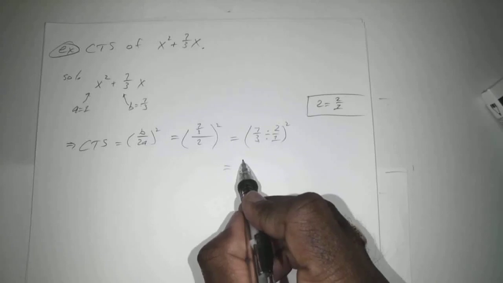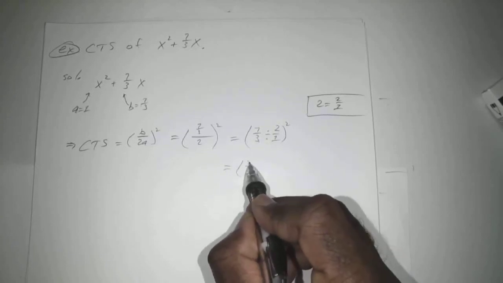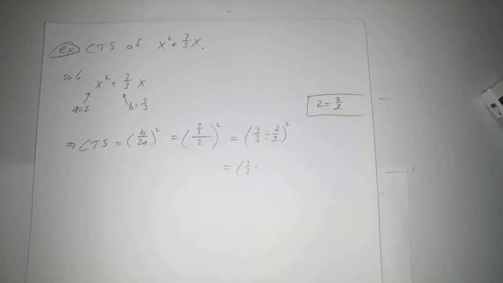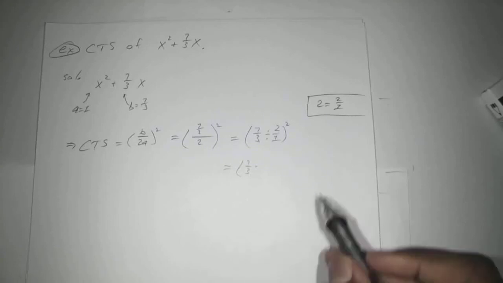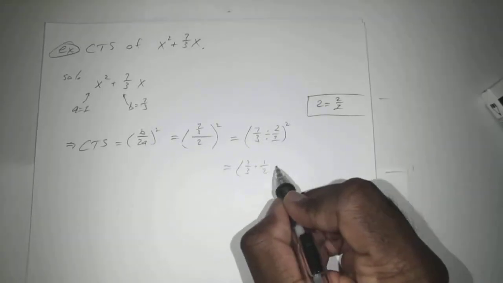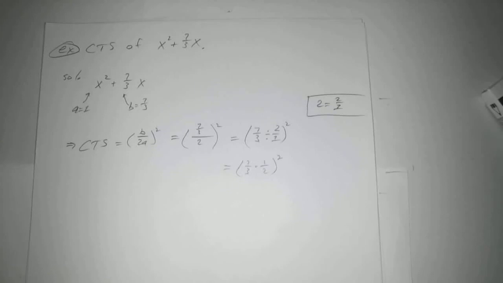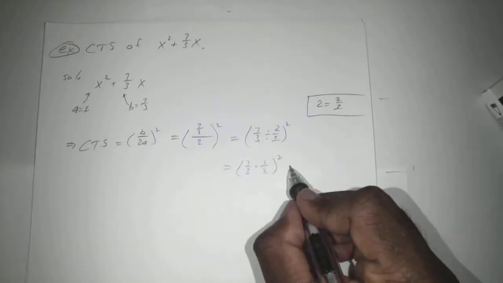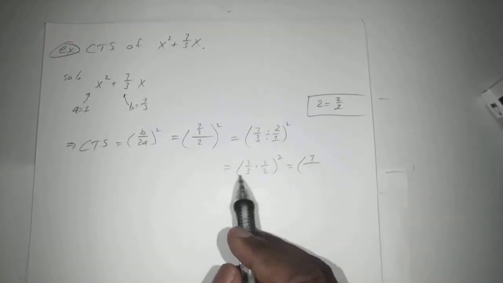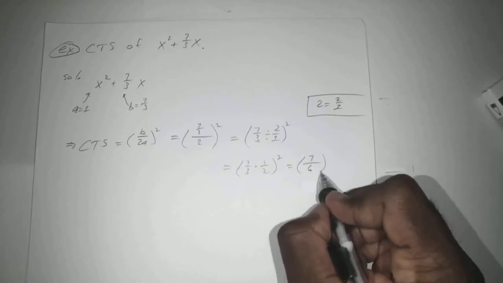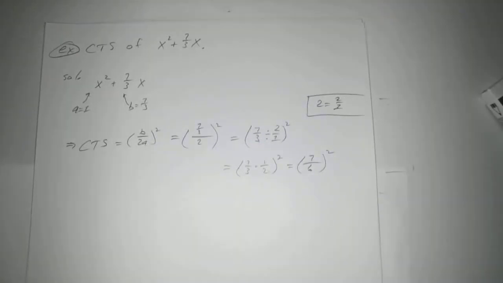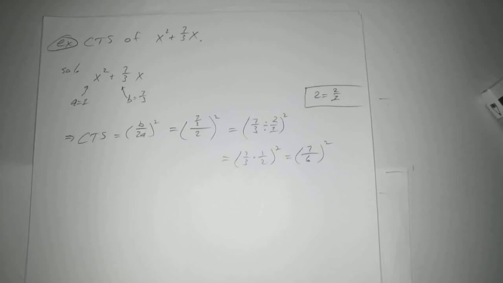You write down the first one, change division to multiplication, and flip the second one. So that 2 over 1 becomes 1/2. So that becomes 7 times 1, which is 7, over 3 times 2, which is 6, squared. So you have (7 over 6) squared.